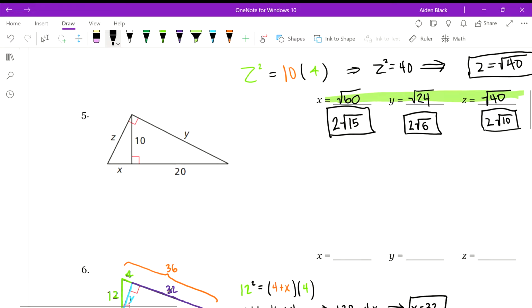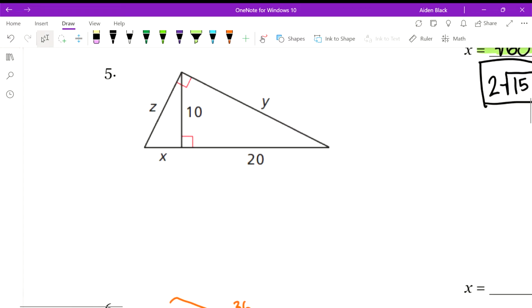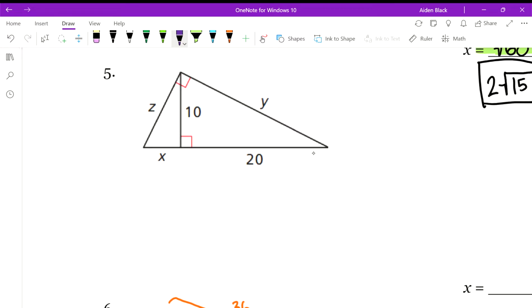Let's do number 5. Notice our legs now are right here. There's part of the hypotenuse. Here's our other leg. Let's actually stay consistent with these colors. So I think it was like this.